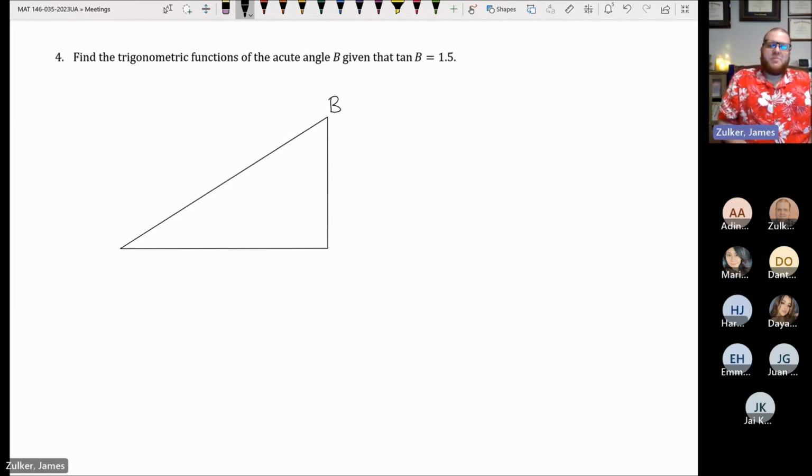Very good. There are two ways you could do this. You could take tangent to be 1.5, and we know that tangent is opposite over adjacent, so you could write this.